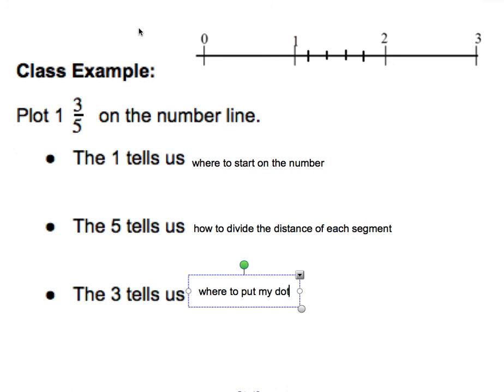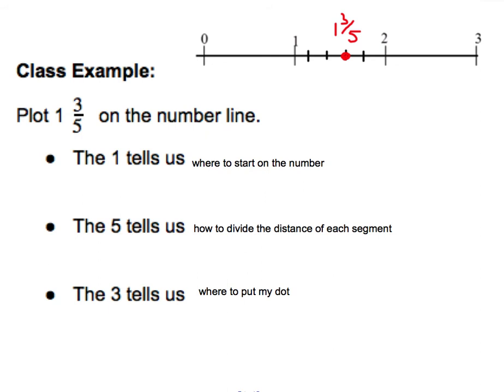So I'm just going to change the color. I'm going to start at 1, and I'm going to go 3 out of the 5 distances, and I'm going to put a dot there. And I'm going to label my dot as 1 3/5. I'm sorry, this is so awkward to do without my mouse today.